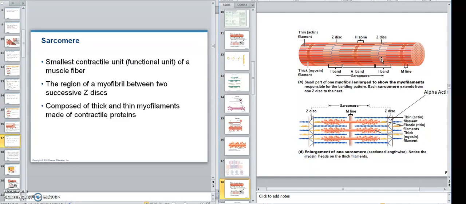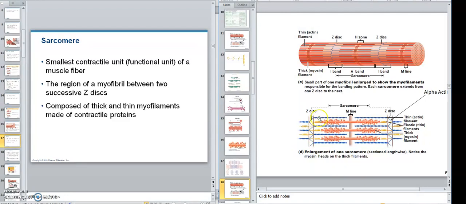So under the microscope, with the light underneath the scope, you wouldn't see as much obstruction of light in these regions because you wouldn't have the heavy myosin. So this would be from this area here all the way to over here.